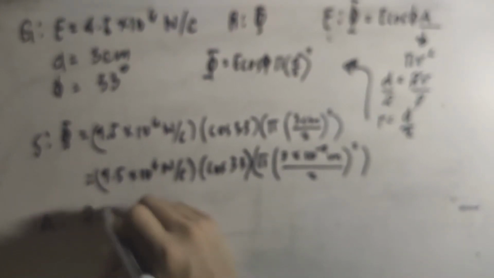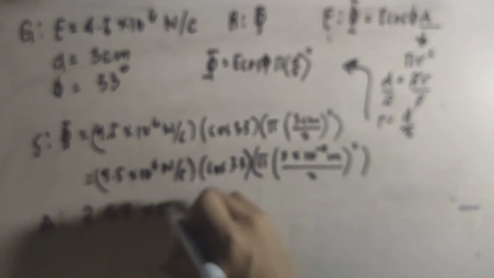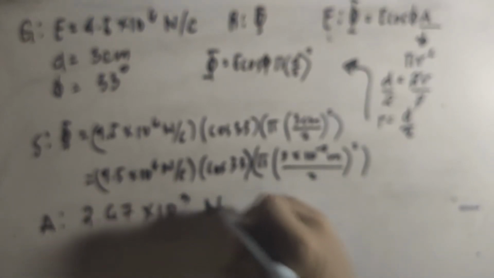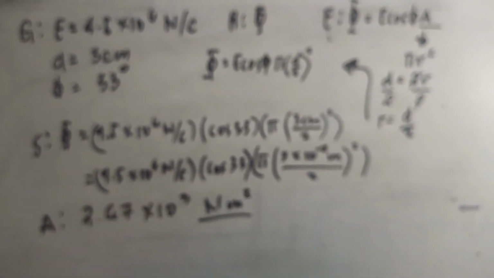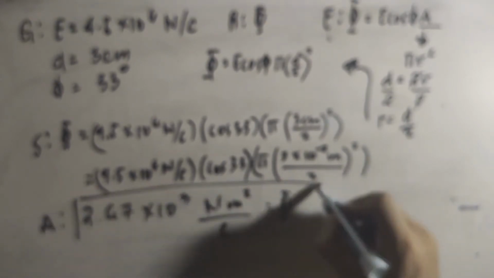Okay, so our answer, that would be 2.67 times 10 raised to 3. So our unit, so just multiply all the units, so that would be Newton meter squared per coulombs. Alright, so this would be your electric flux. So that's our final answer, and that's it.